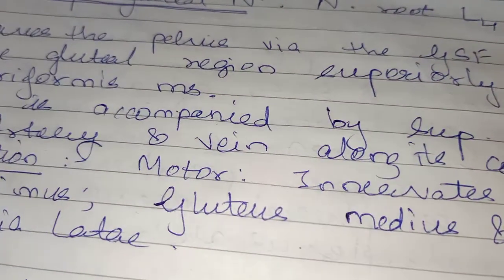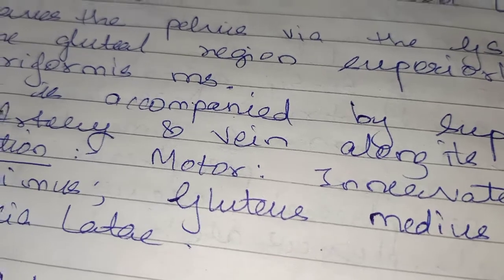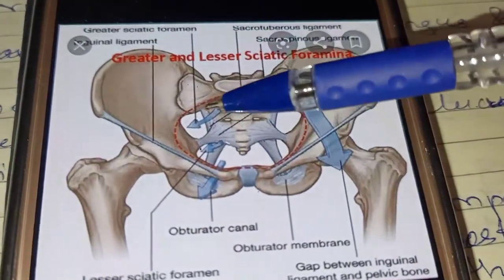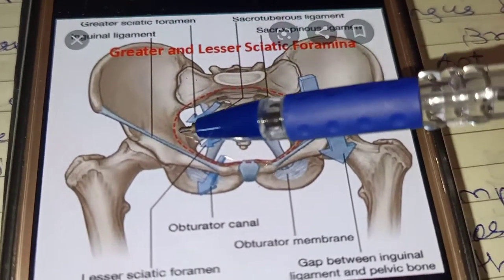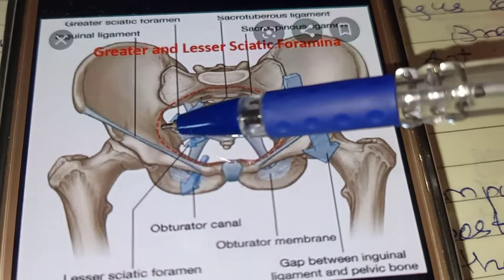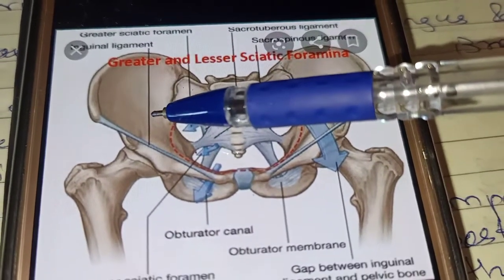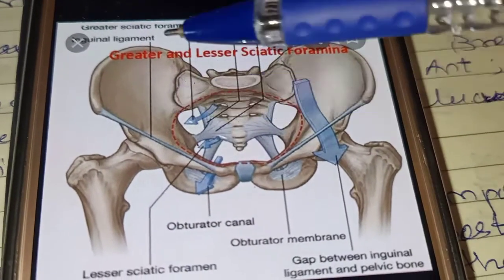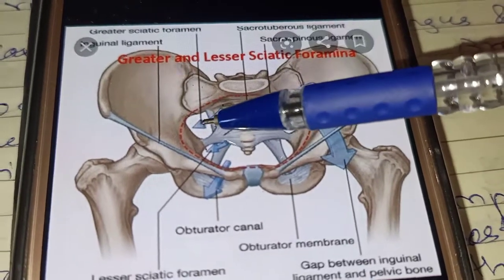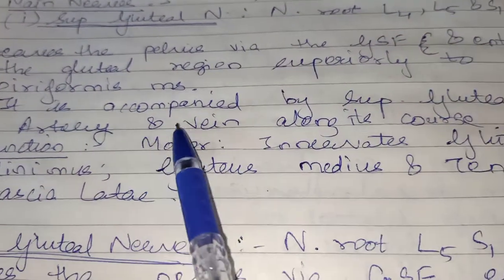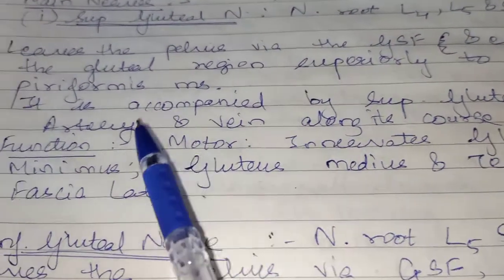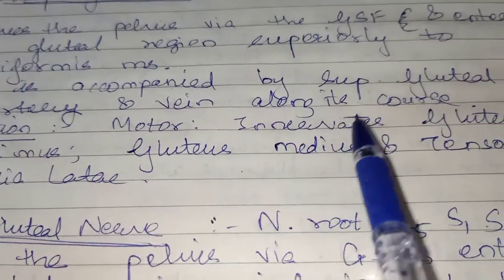So arising from L4, L5 and S1, it reaches the greater sciatic foramina and goes posteriorly to the gluteal region, superiorly to the piriformis. This is the course of the superior gluteal nerve. It is accompanied by the superior gluteal artery and vein along its course.